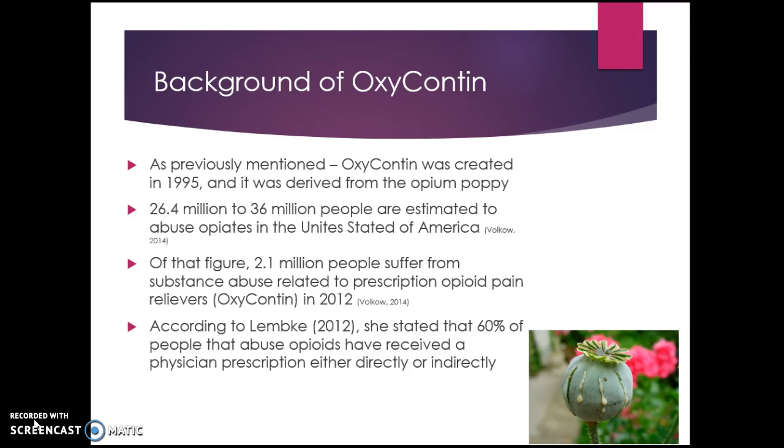According to Lemke, 60% of people that abuse opioids have received a physician's prescription either directly or indirectly. So here we see this connection between the prescription being given and the abuse that's happening. 60% of people start off with that prescription, whether directly or indirectly. Kind of mind-blowing.